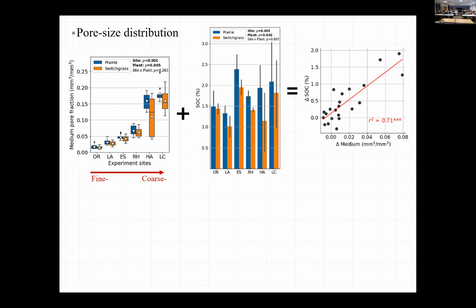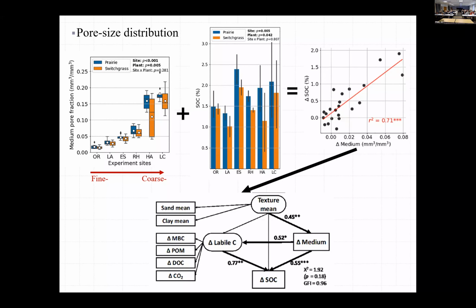And the two were closely related. The more medium-sized pores were generated with prairie vegetation as compared to switchgrass vegetation, the bigger was the difference between the two systems in terms of soil carbon.